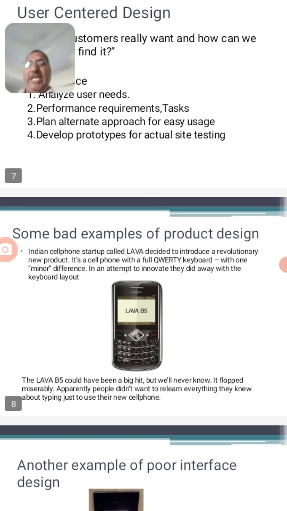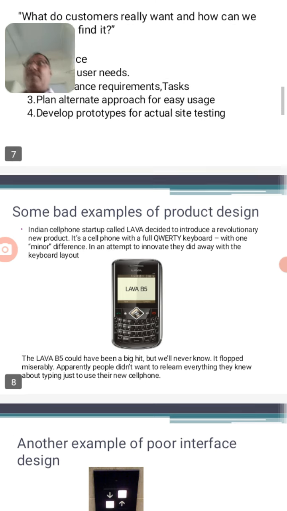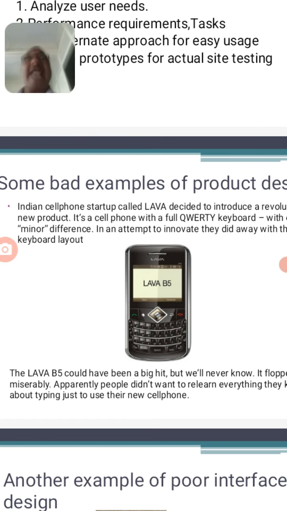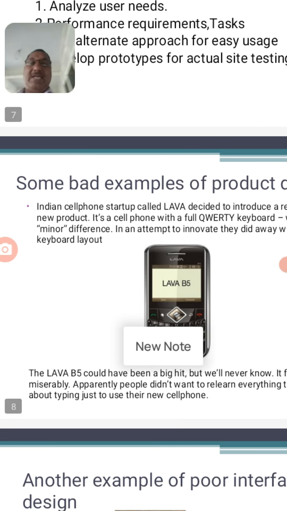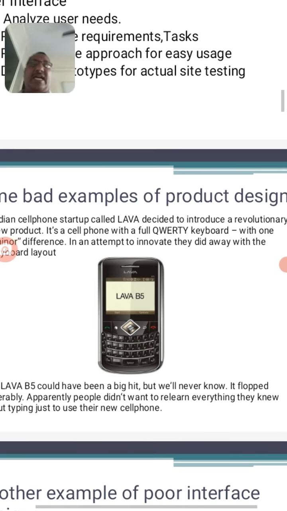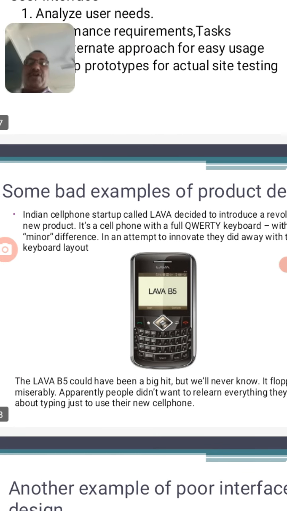I will give you an example of how products should not be. That is a bad example. An Indian cell phone startup called Lava decided to introduce a revolutionary new product.